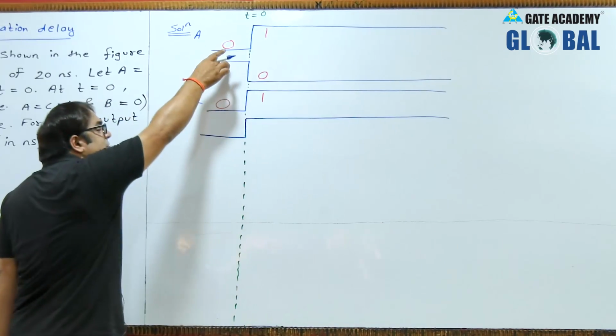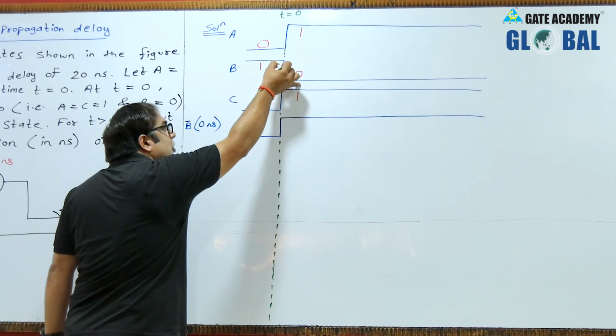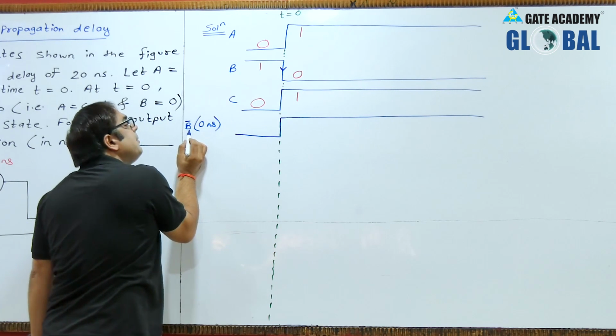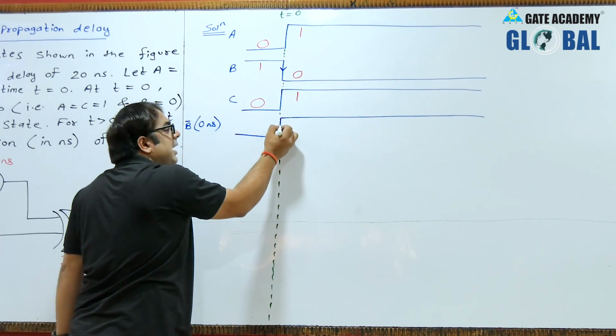If this is the waveform of B having a transition from logic high to logic low, this is the waveform of B complement having a transition from logic low to logic high.